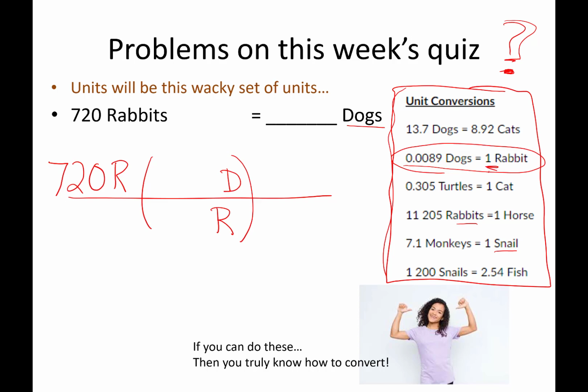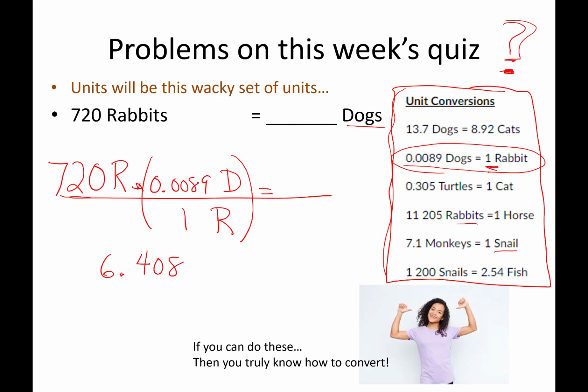So one rabbit is 0.0089 dogs. Then you pick up your calculator, 720 times 0.0089. And when I did that, I got 6.408.